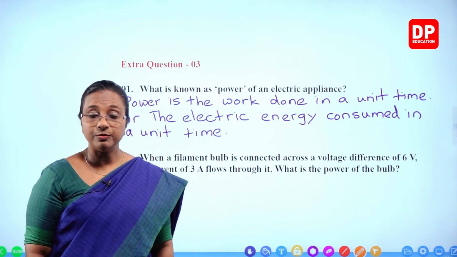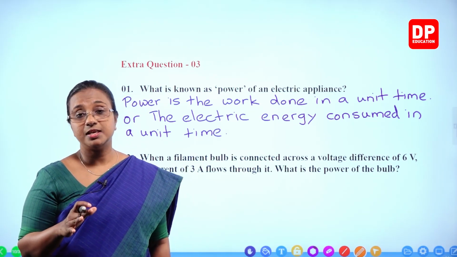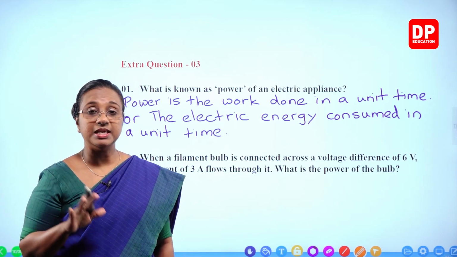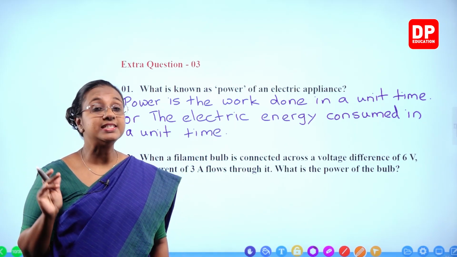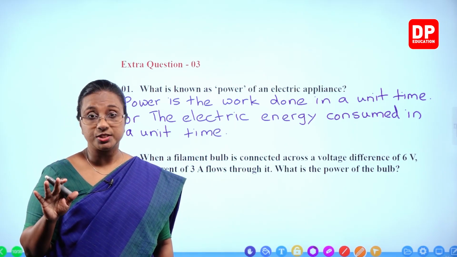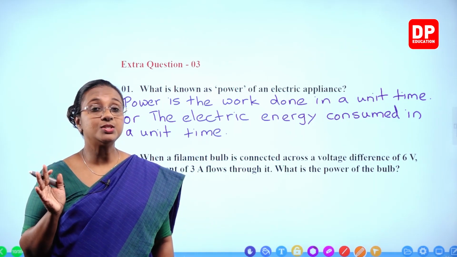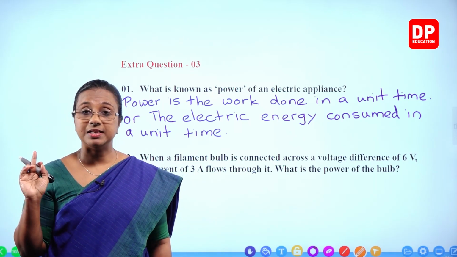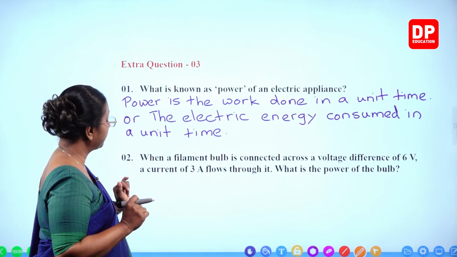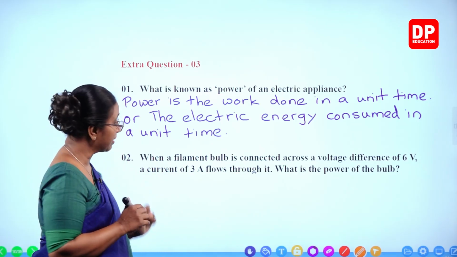And you all know the equation for power. Power is equal to voltage into current. P equals VI. And the SI unit of power is watts, W-A-T-T-S. And the symbol is capital W. So that is power. The symbol of the unit is capital W.